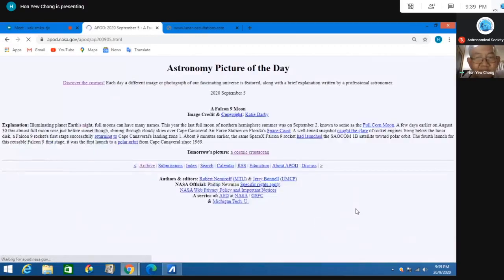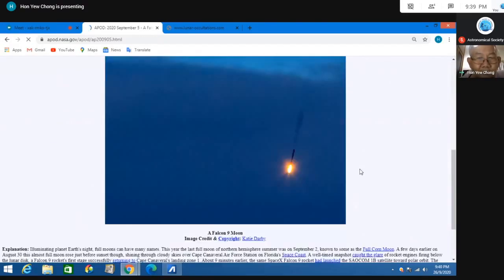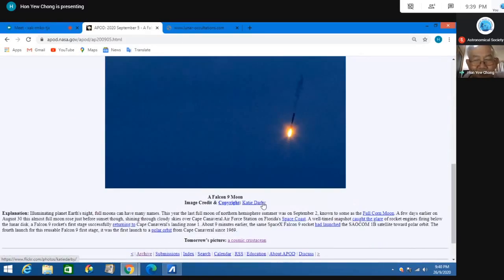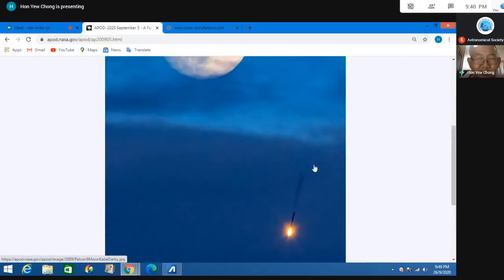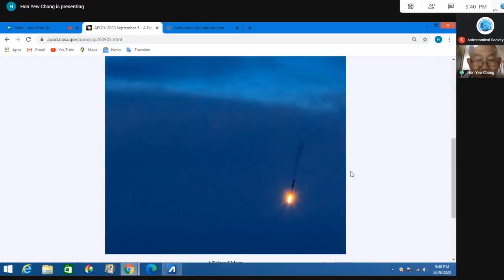September 5. All right. Interesting. There's a moon and a rocket. Katie Darby here is what I call a photographer, not an astrophotographer. She's lucky, because she stays in Florida, where you have Cape Kennedy, Cape Canaveral. This is the Falcon 9 booster stage landing.